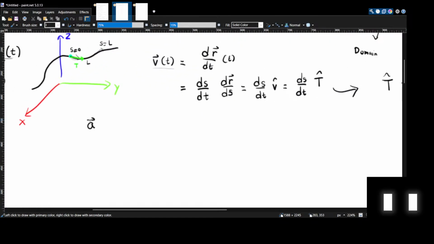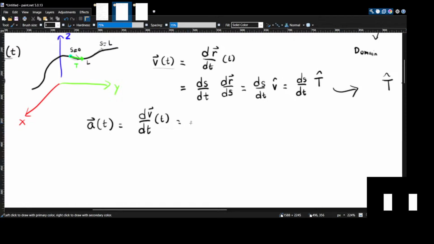All right, next up is a, which is the acceleration vector. Obviously, the acceleration vector is going to be the change in velocity over time, by definition of what acceleration is. That's literally what it means.